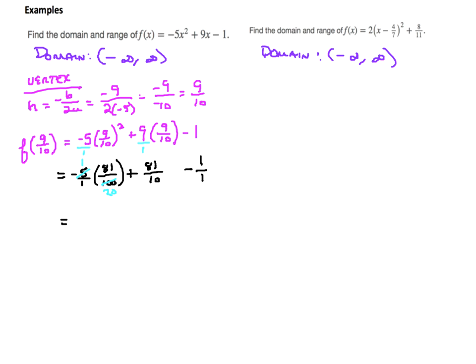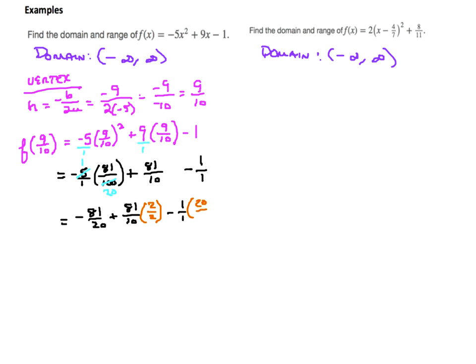Okay, so I'm just going to rewrite to make this a little easier on the eyes. So this is basically a -1 over 1, so that's -1 times 81 over 20, so this is just -81 over 20, plus 81 over 10 minus 1 over 1. Okay, so I need to create a common denominator.